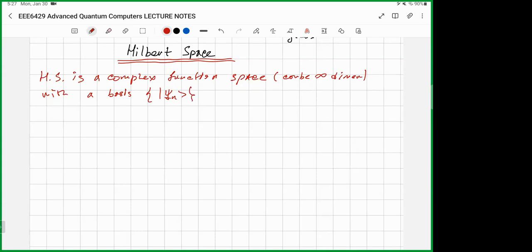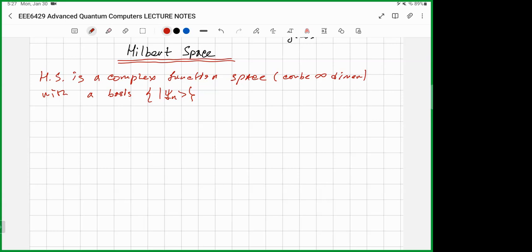Right. So the keywords here are complex. This is complex space. This space can be of any dimension, including infinity.